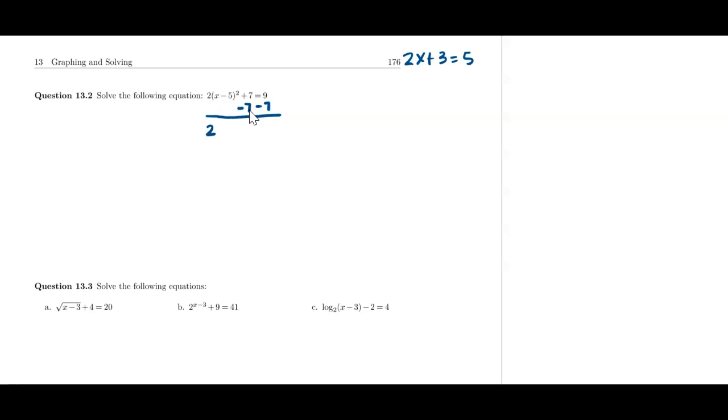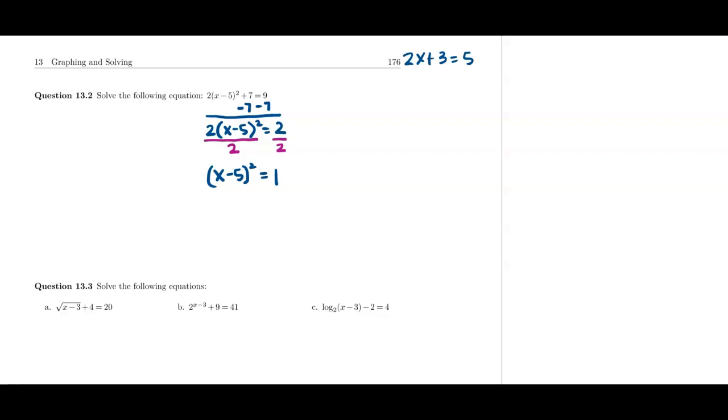So that will give me 2 times (x minus 5) all squared equals 2, the 9 minus 7. And now I have 2 times this, so to undo that, let's divide both sides by 2. And that will give me (x minus 5) all squared equals 1.